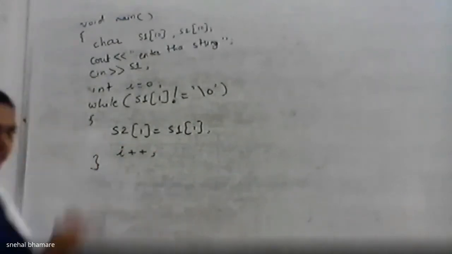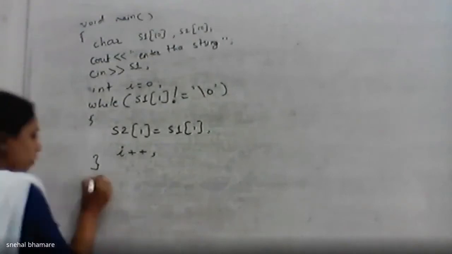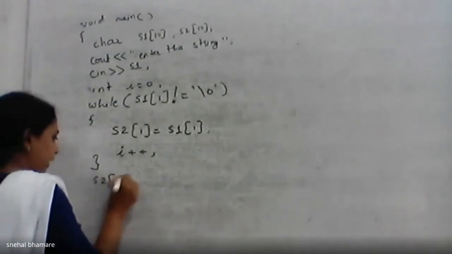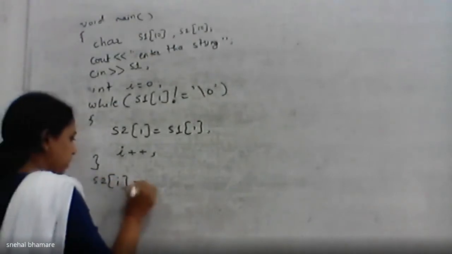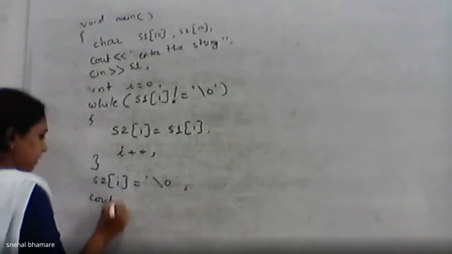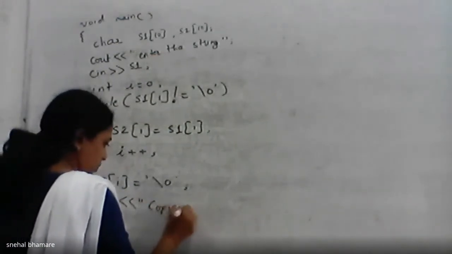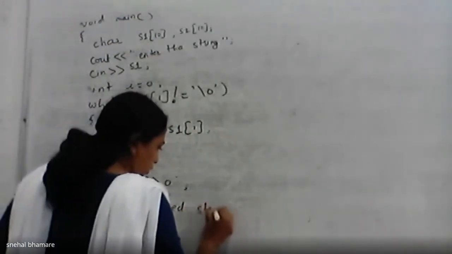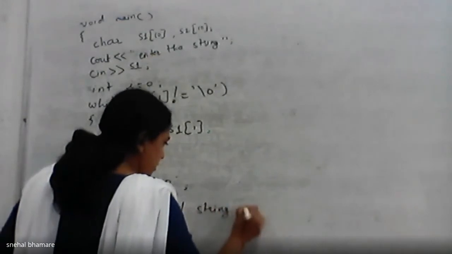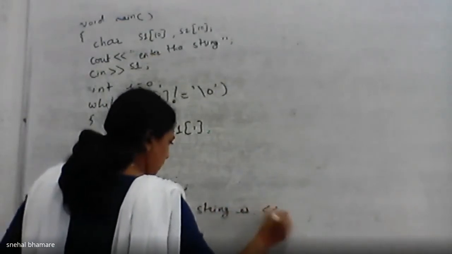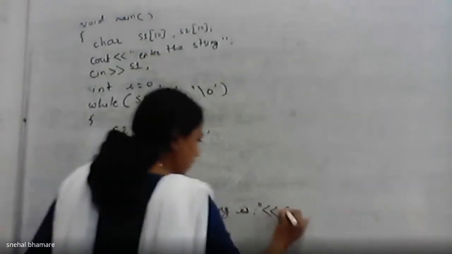Then complete the while loop. After the while loop, insert the \0 character at the end of string S2 and display your copied string. cout, copied string is S2.